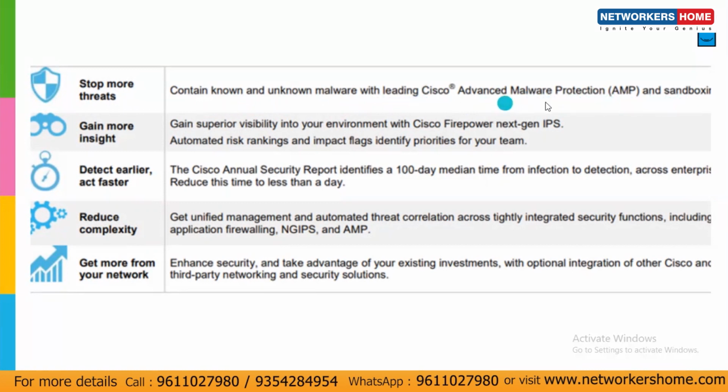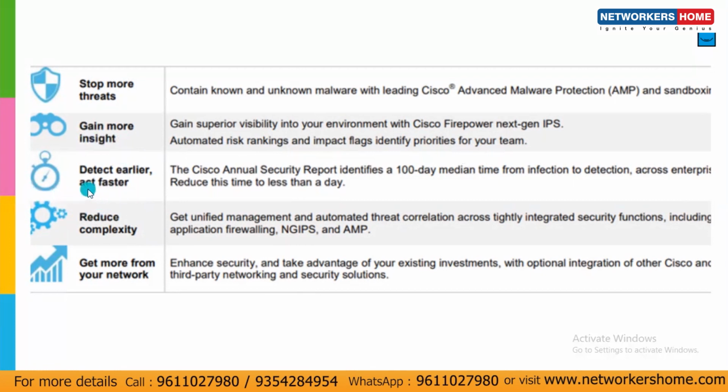Second feature is gain more insight, which means it gains superior visibility into the environment with Cisco Firepower Next Generation IPS, with automated risk ranking and impact flags to identify priorities for your teams.